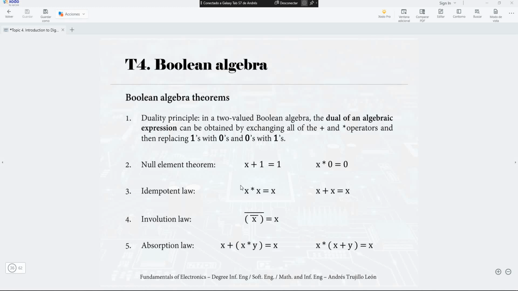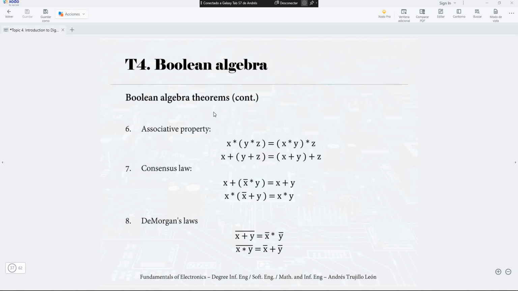We already have the idempotent law, the involution law, the absorption law that is quite powerful because we can remove a term in the expression, the associative property, the consensus law, and De Morgan's law. We are going to use these actions and theorems to manipulate algebraically the logic functions.